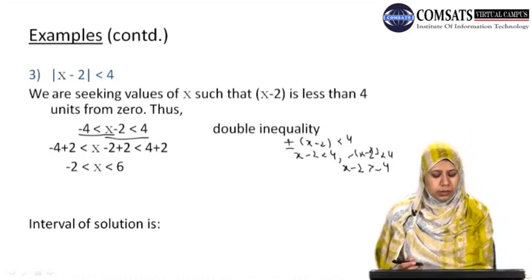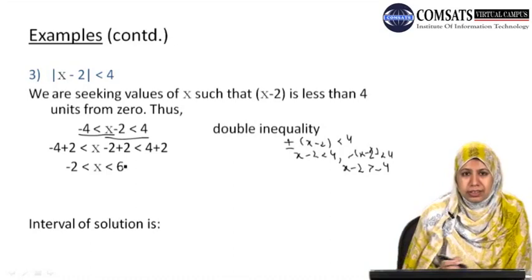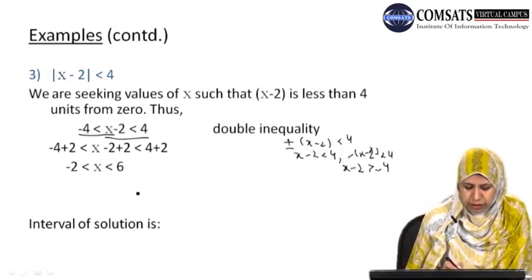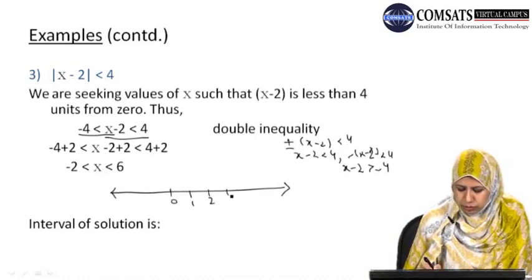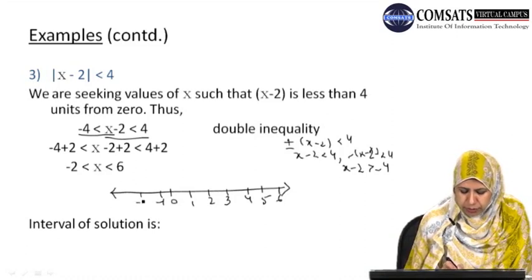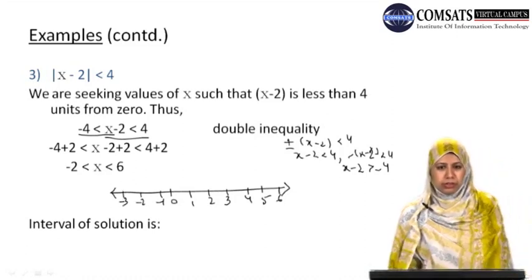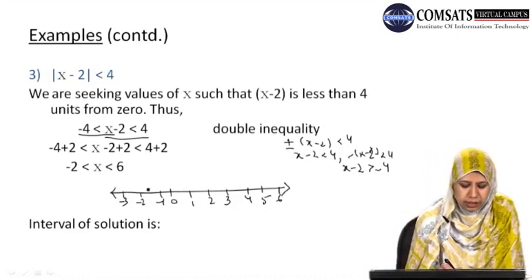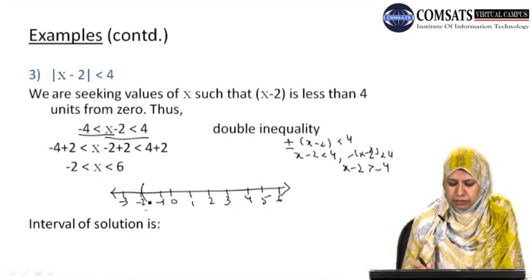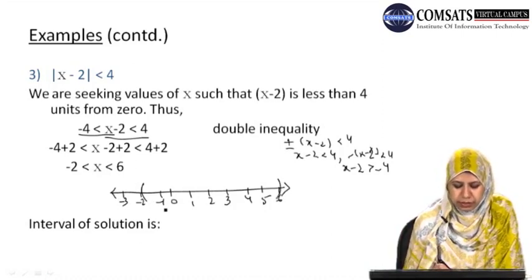Okay, so what do we mean by the solution of this inequality on the real line? We have 0, 1, 2, 3, 4, 5, 6 on the right side, and on the left side, minus 1, minus 2, minus 3, and so on. Now x strictly lies between minus 2 and 6, that is open at minus 2 and open at 6, all values in between.